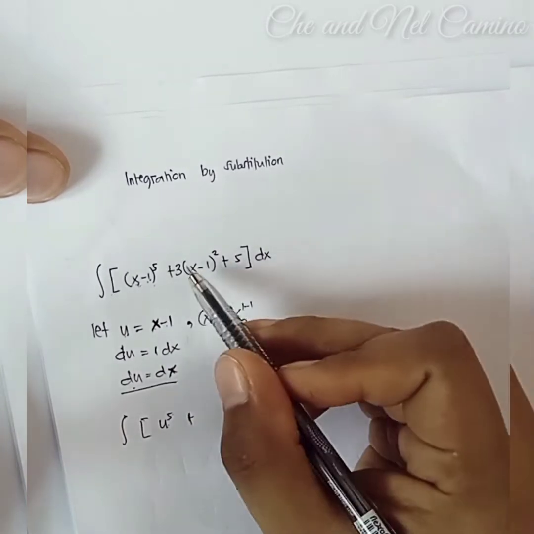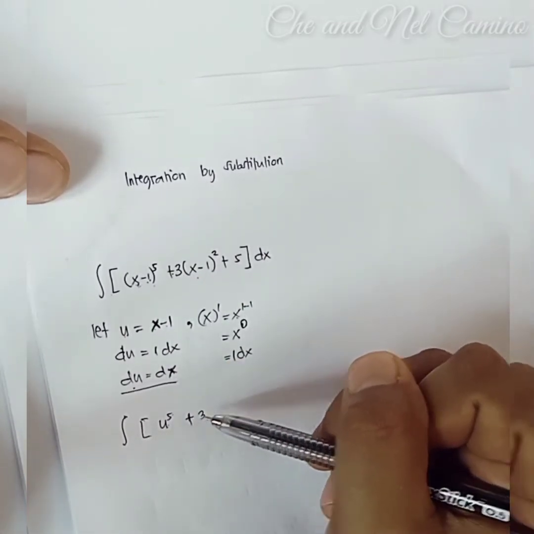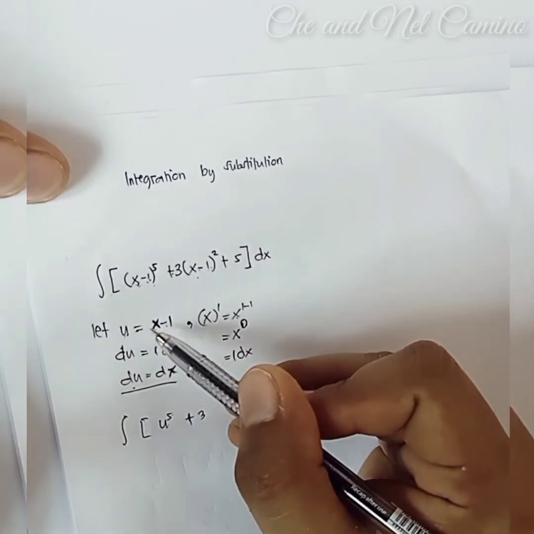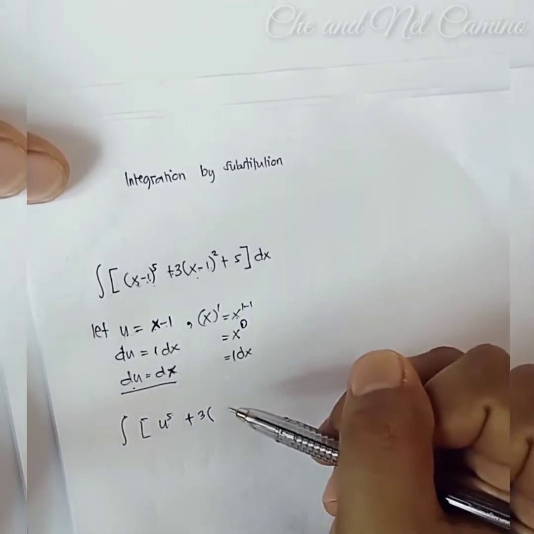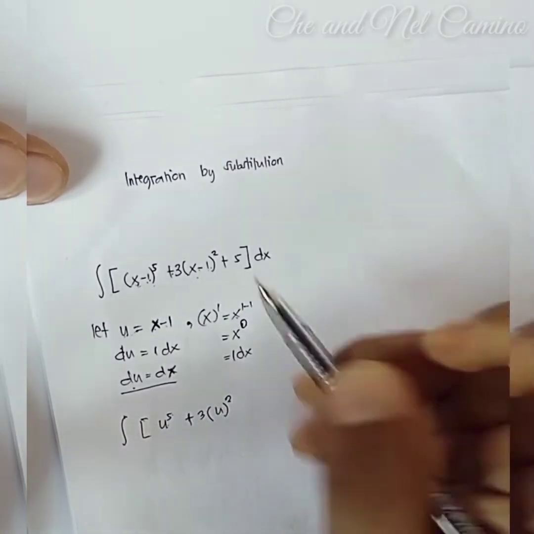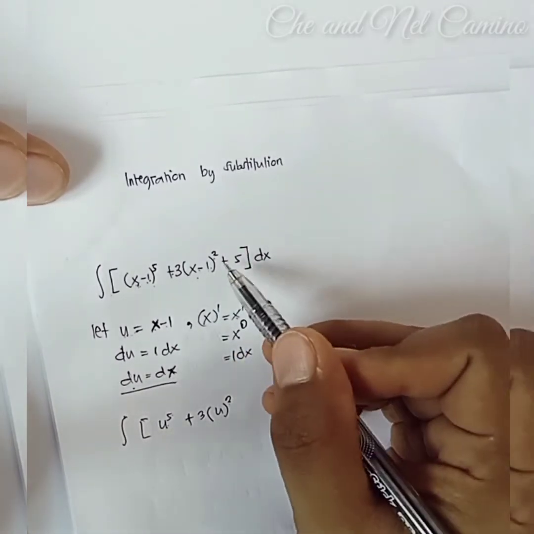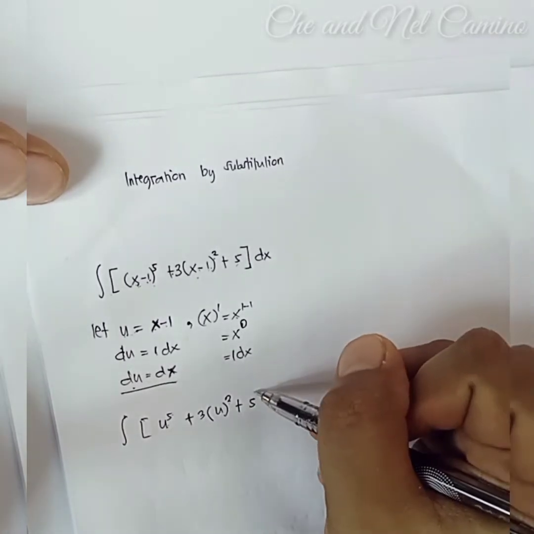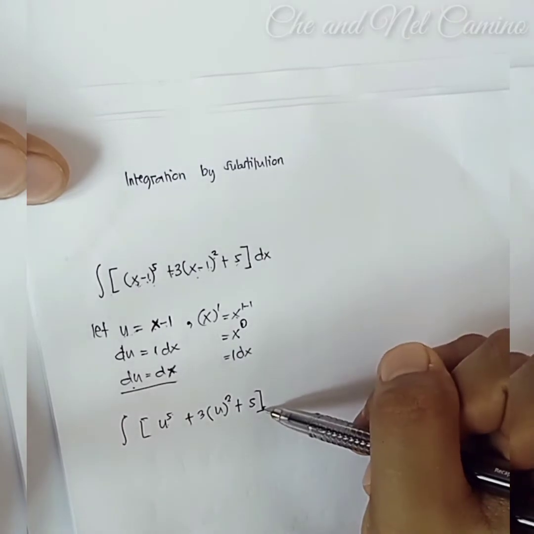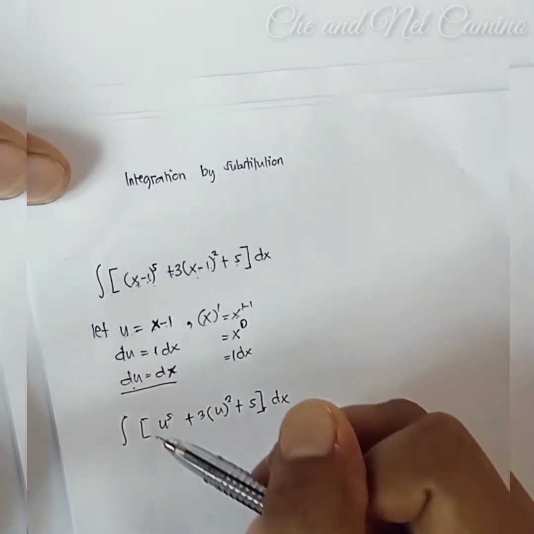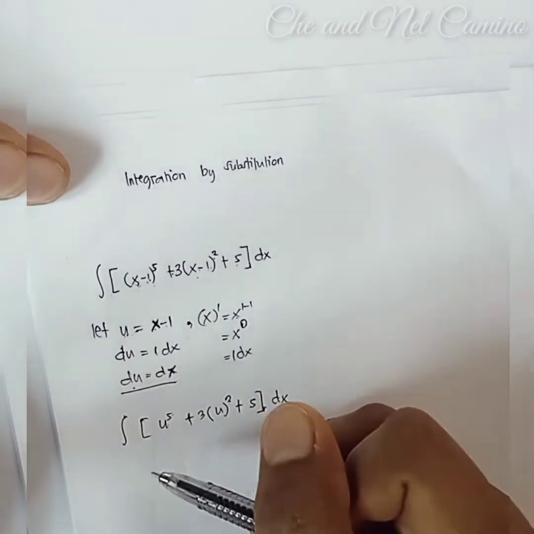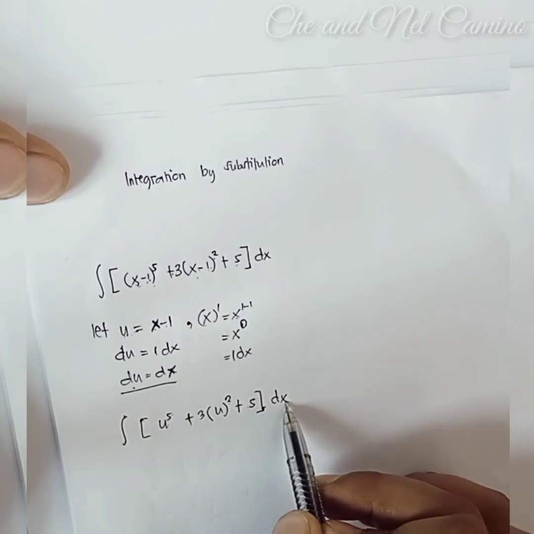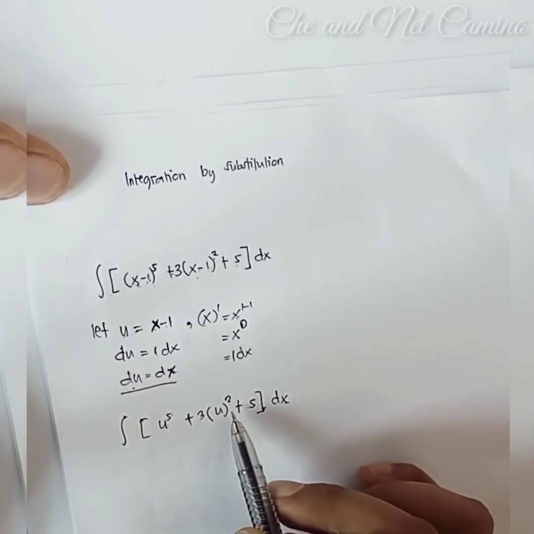The second term is plus 3 times the quantity x minus 1, so that is u to the power of 2. Let's copy the exponent 2 here, and then the third term is 5. Close this one, and then copy dx. The next step is to distribute this one, and also distribute dx to the terms here and here.